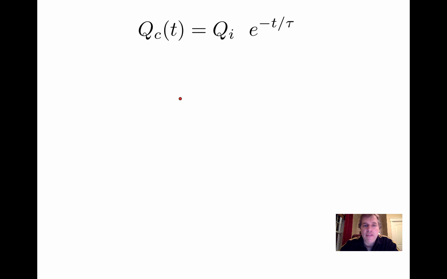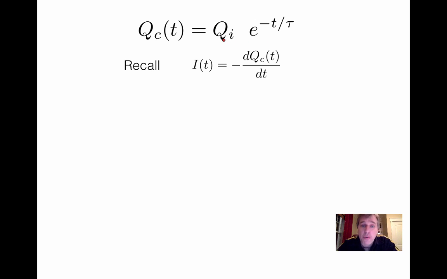Okay, once you have this function here, you can calculate anything about the circuit. For example, you can find the current. Remember that in the case of a discharging capacitor, the current was given by minus the derivative of QC with respect to time. We have this minus sign here, if you remember. So if we want I of t, we take the derivative of our function with respect to time and multiply by minus 1.